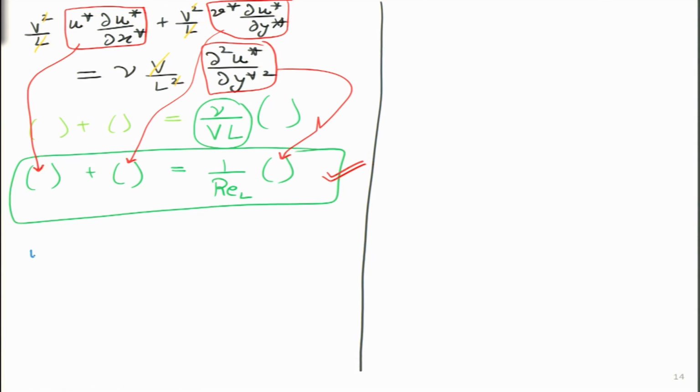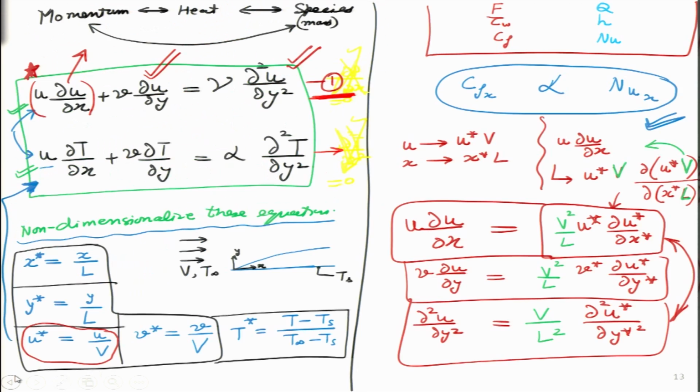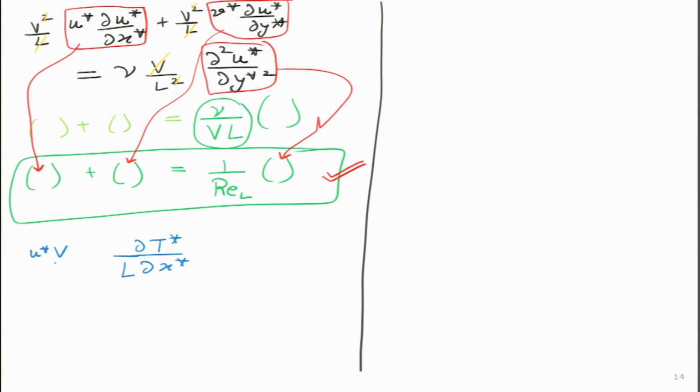U will become u star into capital V, del T by del x will become del T star by del x star multiplied by L over here. And T star, if I take a differential, because the denominator is a constant, I will get 1 by T infinity minus Ts.